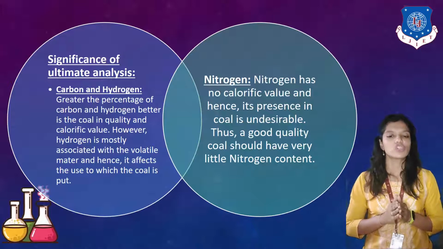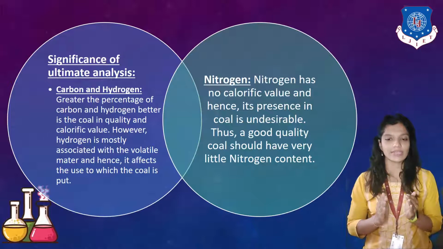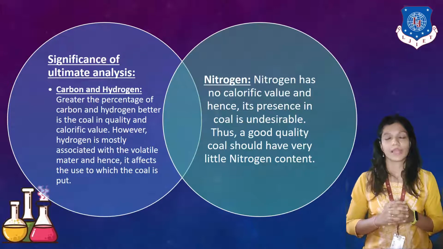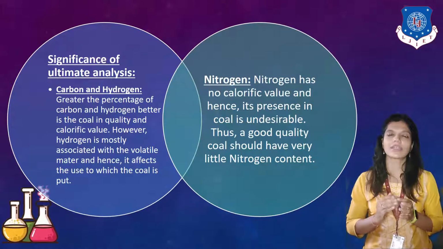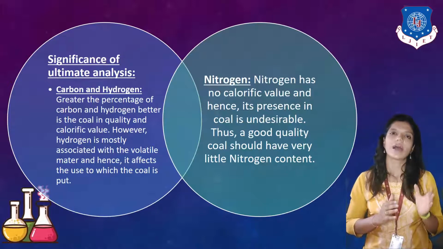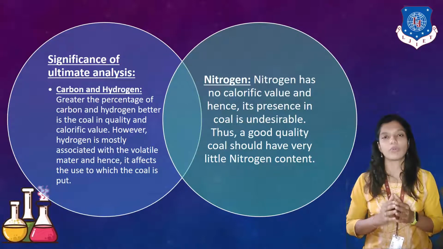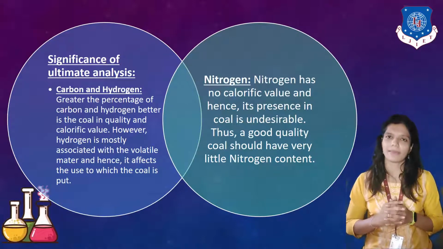However, hydrogen is mostly associated with the volatile matter and hence it affects the use to which the coal is put. We need to make sure that carbon is always more beneficial for us than hydrogen. Although hydrogen plays an important role, carbon is a very important part of any coal sample.